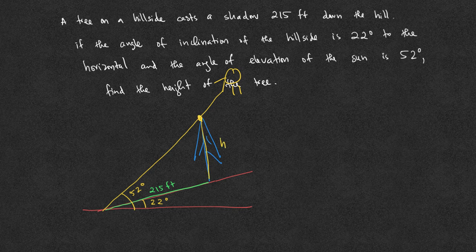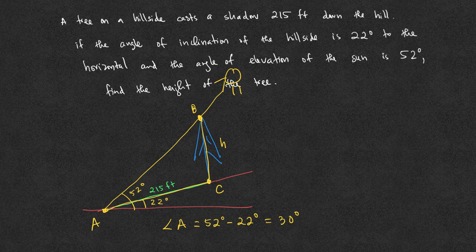And so we have a triangle which we will label A, B, and C. The angle A of this triangle is not 52 degrees, but the angle A has a measure of 52 degrees minus 22 degrees, or 30 degrees. Also, the length connecting A to C is 215 feet.